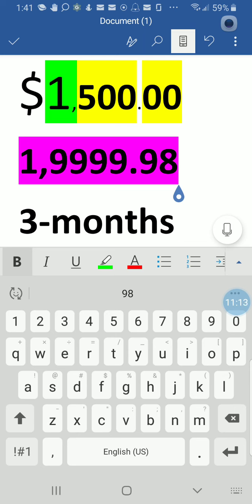So the way we think about that, this right here is supposed to be a bigger number, right? Like for 1999, that is supposed to be a bigger rounding digit number.